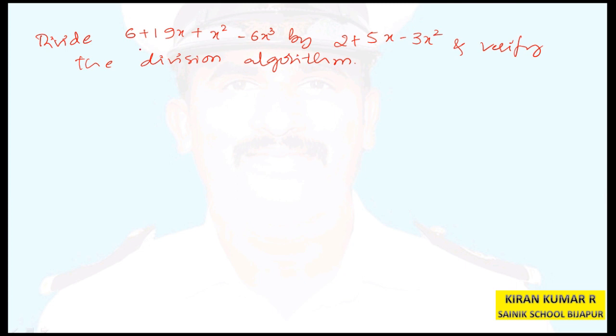Don't get confused with this type of question. What we need to do is we have to consider these polynomials f of x and g of x by rewriting the given polynomials in standard form. What is the meaning of rewriting polynomials in standard form? It actually means arranging them in descending order of the power.